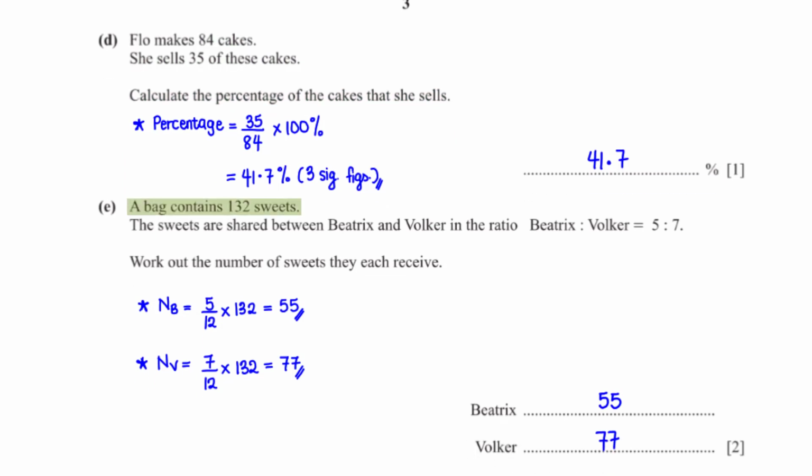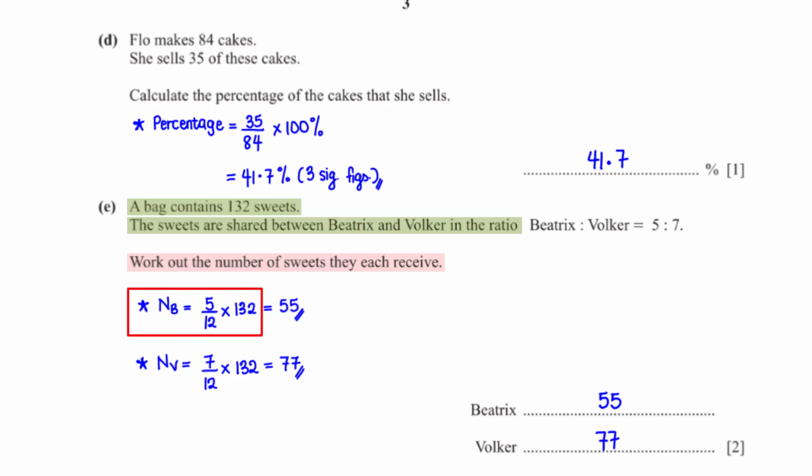A bag contains 132 sweets. The sweets are shared between Beatrix and Volker in the ratio Beatrix to Volker equals 5:7. Work out the number of sweets they each receive.